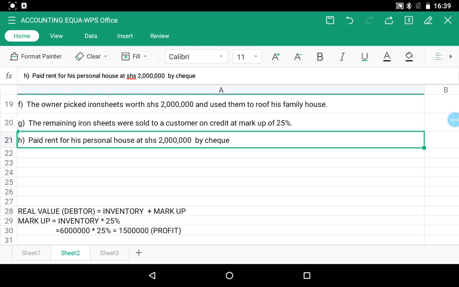Still, this is a withdrawal. He used business money to pay rent for his personal house. So we are going to treat it as a withdrawal. It will affect bank to reduce bank and also to reduce his capital.